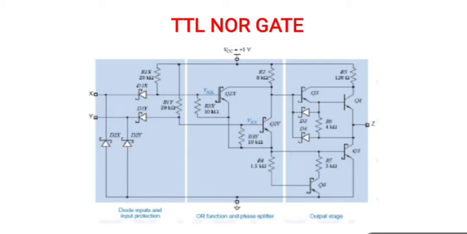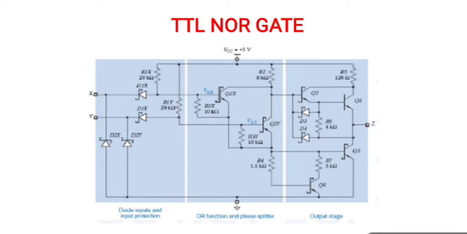So first, diodes D1X and D1Y will be forward biased, and at the same time D2X and D2Y. The cathode has 5 volts and the anode will be 0 volts. Diodes are either forward or reverse biased based on the cathode and anode voltages.